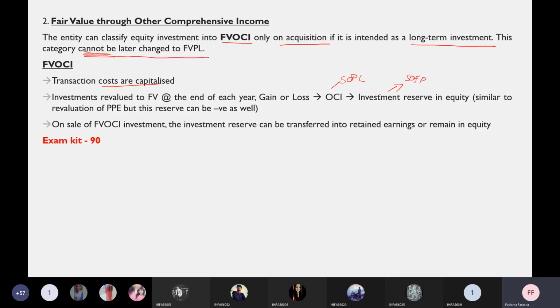And if the asset is sold, any balance remaining in revaluation gain will be transferred to retained earnings. Same here. If you are selling an FVOCI investment, the investment reserve can be transferred to retained earnings or remain in equity. You have both options, but in general, it will be transferred to retained earnings.